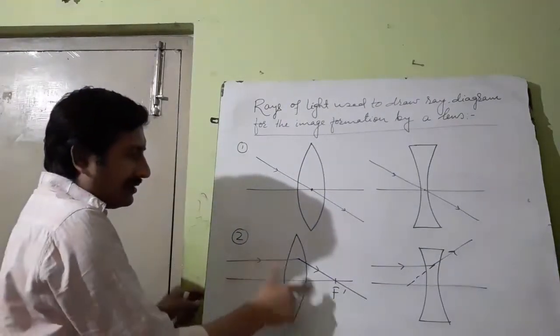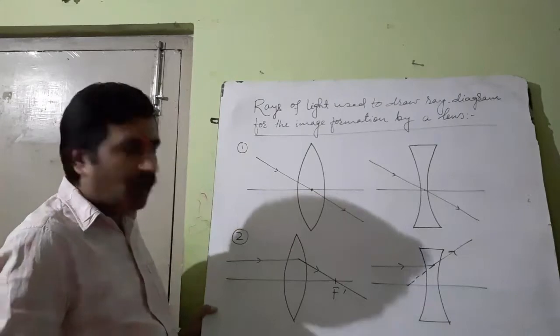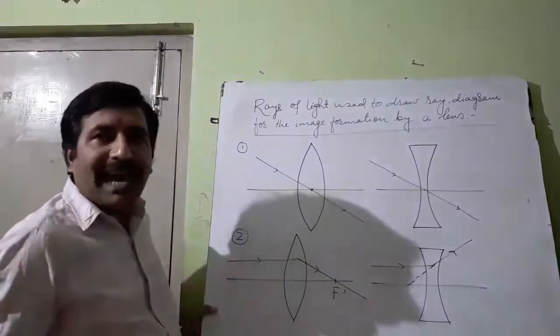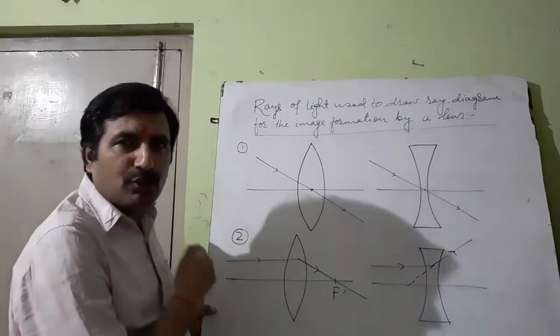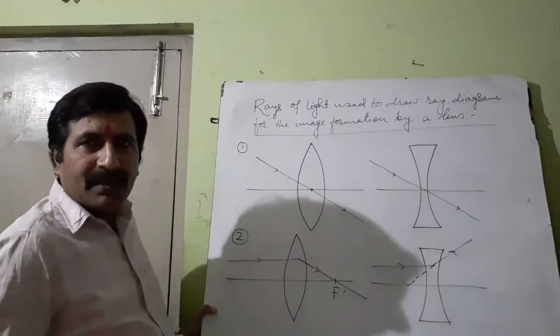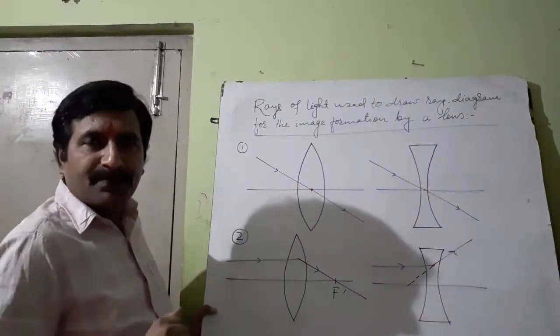This is the reason that a convex lens is also called a converging lens, because all the rays which are coming parallel to the principal axis and very close to the principal axis converge at the focus of the lens.